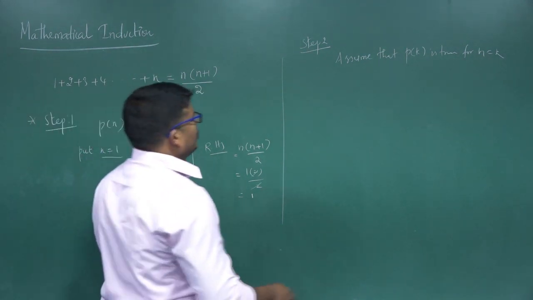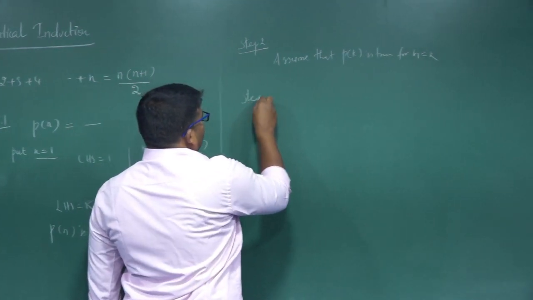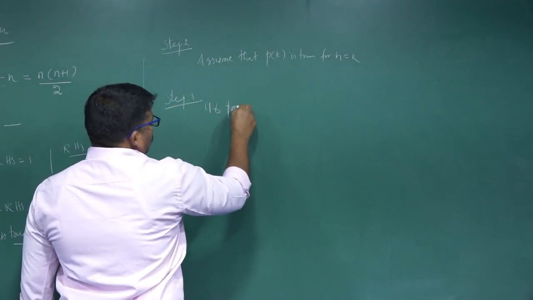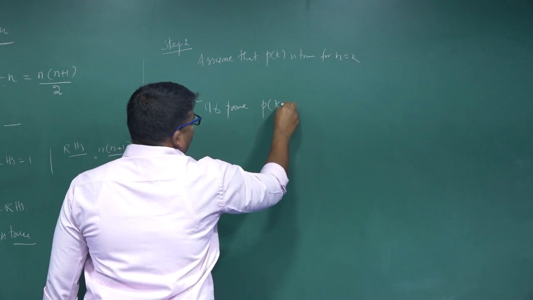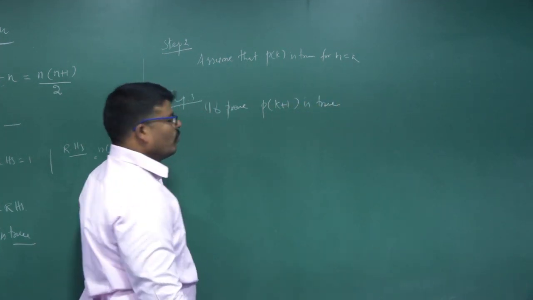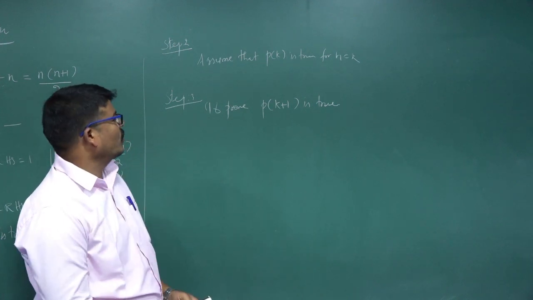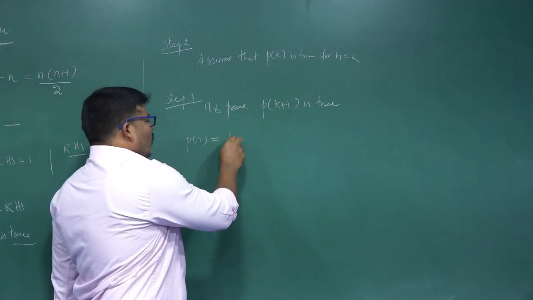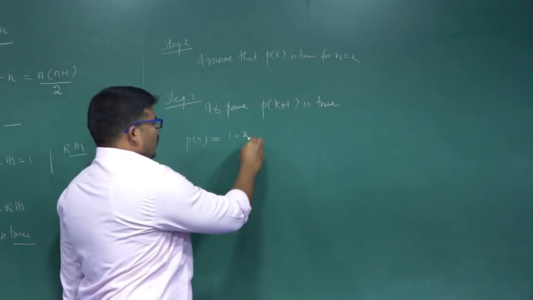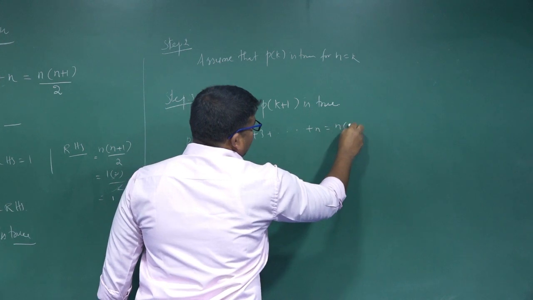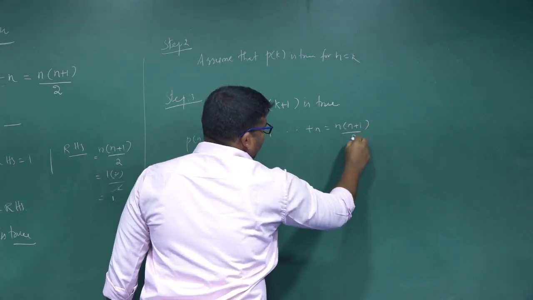The next one, step 3, to prove P of k plus 1 is true. The given statement is P of n equal to 1 plus 2 plus 3 and so on, plus n equal to n into n plus 1 by 2.